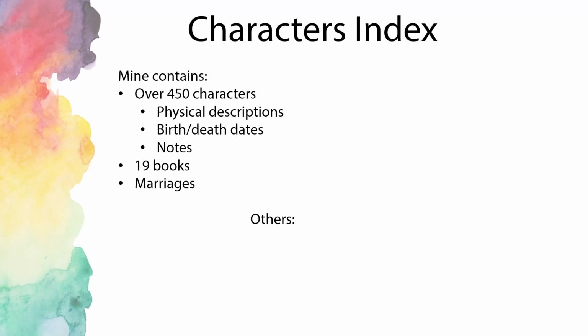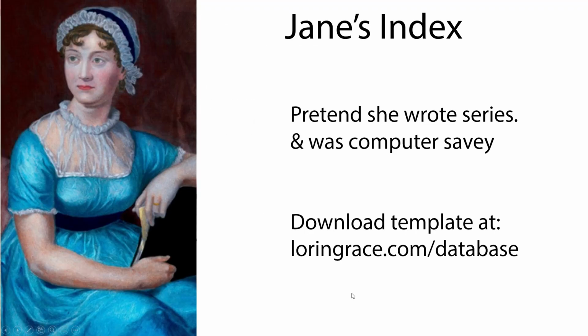Things you might consider putting in your character index could include settings or world building or magic spells or languages, just pretty much anything you want to keep track of from book to book. The template that you're going to download is for Jane Austen's index, and we are going to pretend that she wrote series, because she's now an independent author and series is where it's at, and she was computer savvy.